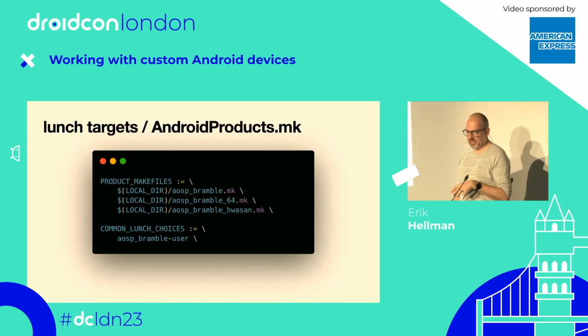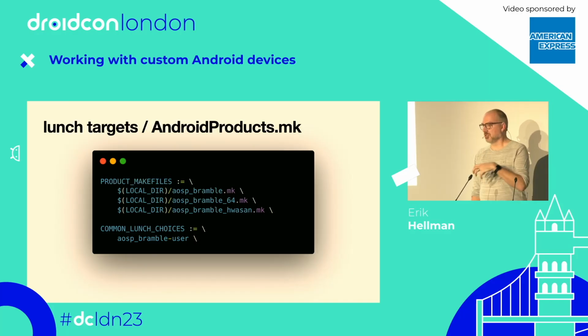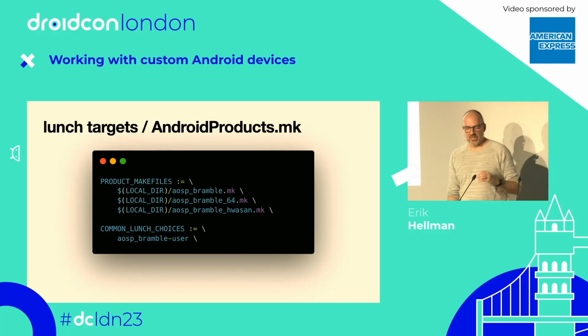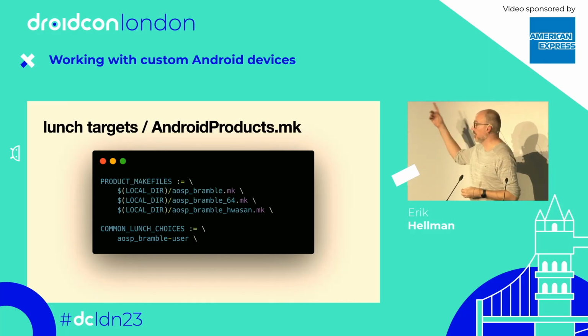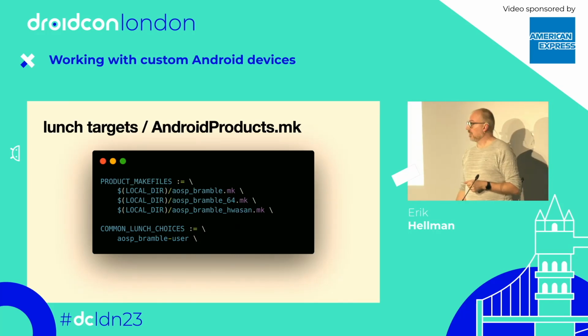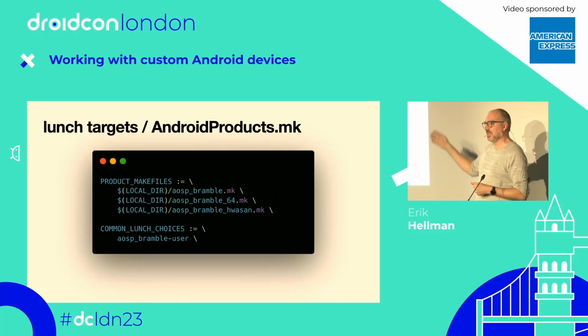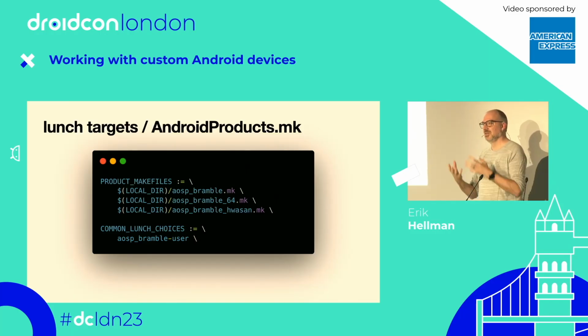So each product in the AOSP repo that you checked out, and by product I mean an actual device that you're going to build for, has a file called AndroidProducts. You find it in the device folder. The last part here, COMMON_LUNCH_CHOICES, lists the common build variants that are going to show up when you run lunch without a parameter.